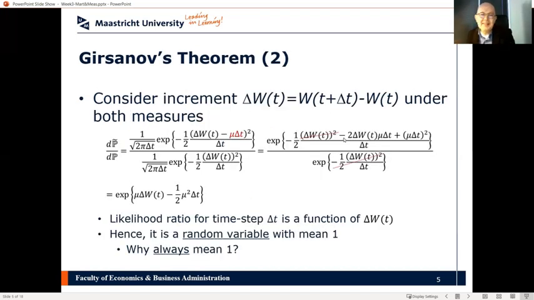Again, it is the same completing the square trick, or in this case, separating the square, that gives you this nice linear form, which follows from the quadratic form of the Brownian motion. The delta W squared term just drops out, and you are left with the cross term and the quadratic mu delta t term.